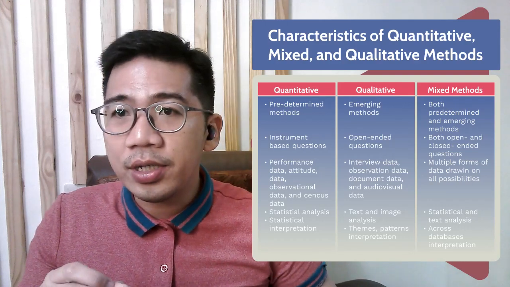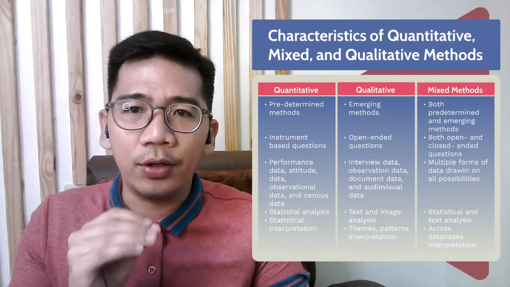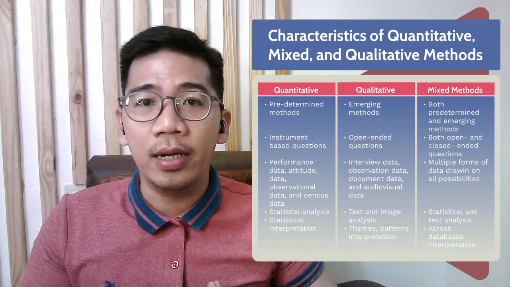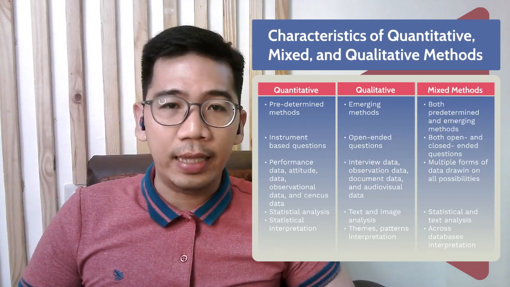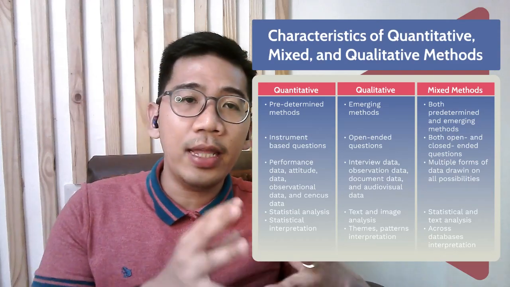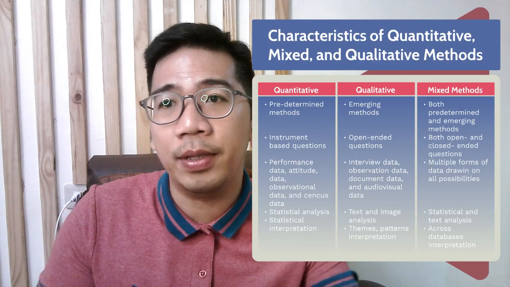Now, researchers can also try to figure out what the numbers mean, or what the themes or patterns are that come out of the data. In some types of research, both quantitative and qualitative data are collected, analyzed, and interpreted.